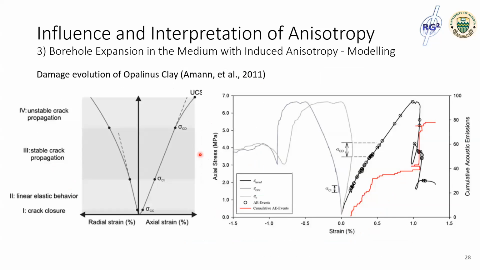And the interpretation of the borehole expansion in a damaged medium requires more modeling efforts. The first thing is to understand how this damage occurs and how it evolves. Here it shows the stages of microfracture development under a UCS test of Opalinus clay. In this particular test, they monitored the acoustic emission from the beginning of the load until the post-peak stage.